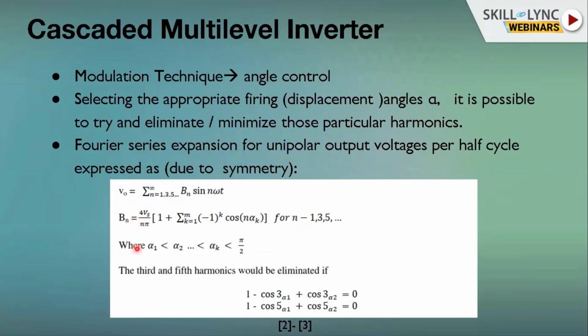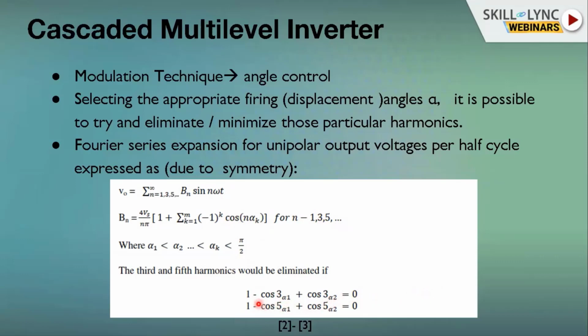And then with these governing equations, say you want to eliminate the third and fifth harmonic. Here this n varies over 1, 3, and 5. So you put, say, 3 over there, formulate it, expand this equation, and you don't need to go on and on.